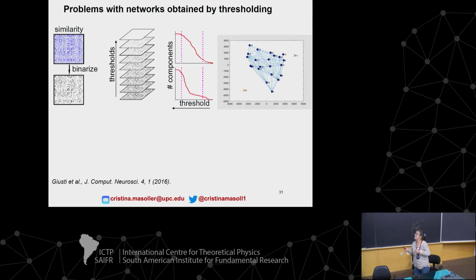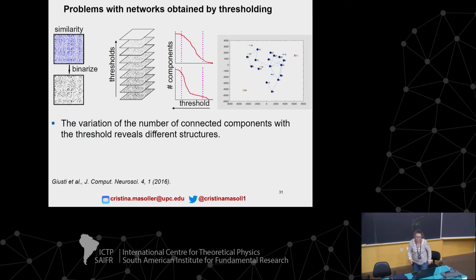If you use this threshold here, or this threshold here, you will see that the network is very significant. As you start removing links, you remove the link because you increase your threshold, and because your significance threshold is very high, the link is not significant anymore.